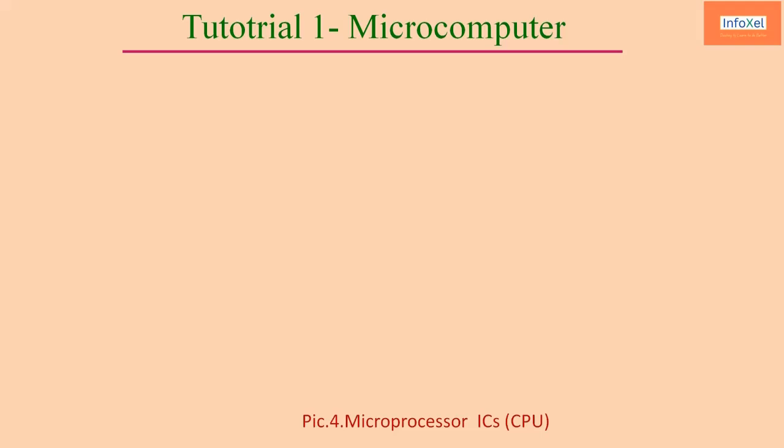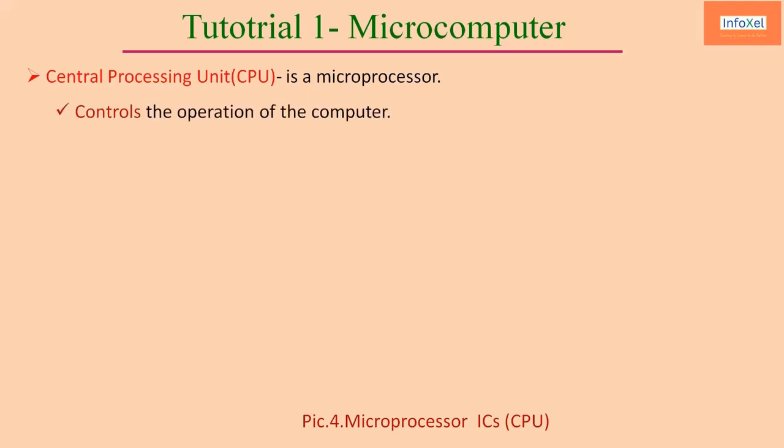Next we will see the microprocessor, that is the CPU. CPU is the central processing unit, and this central processing unit is a microprocessor. This central processing unit or microprocessor controls the entire operation of the microcomputer.